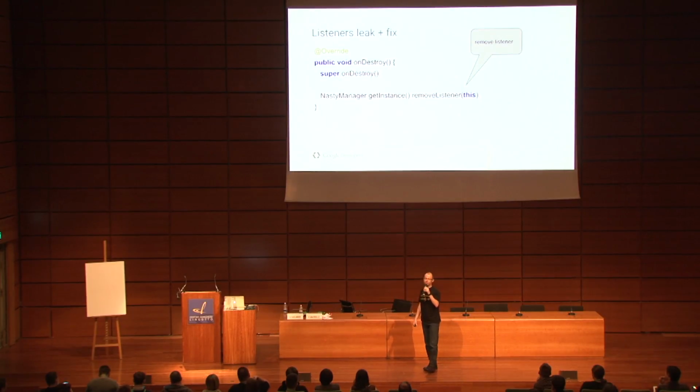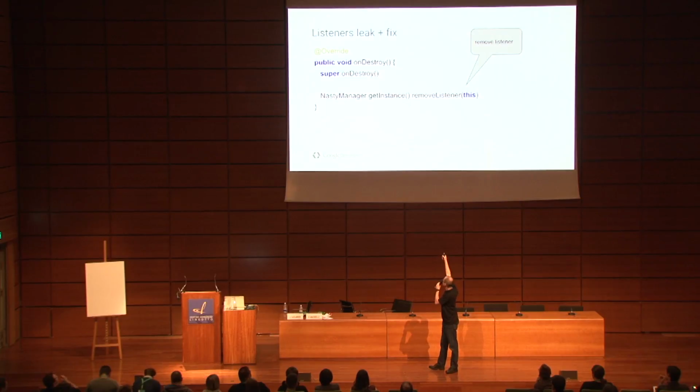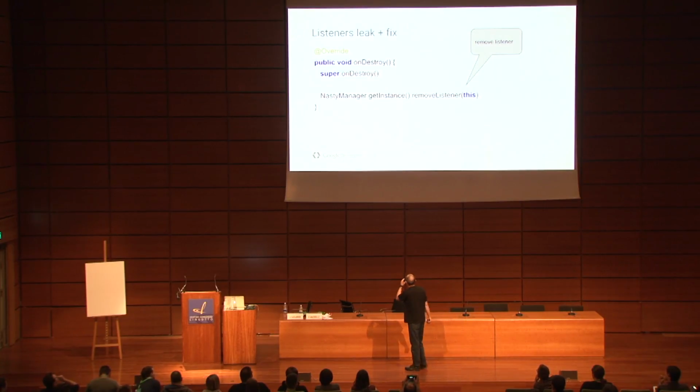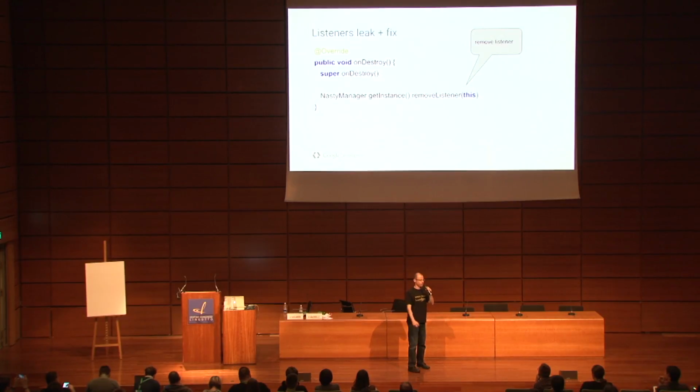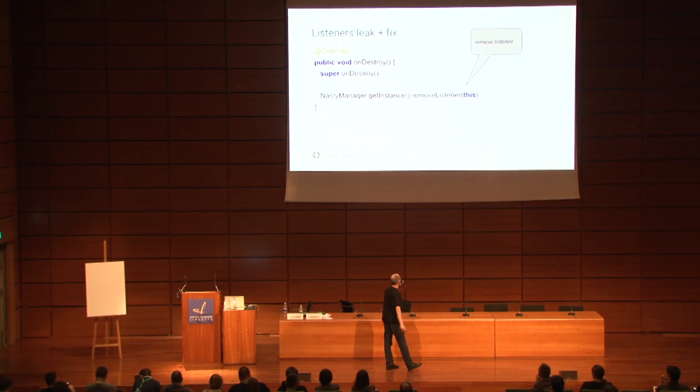You don't want to keep it in your memory when you don't need to. And by the way, the fix is almost trivial. In the onDestroy method, just go again to that lovely NestyManager.getInstance and remove ourselves. Easy, but it can save you a lot of time while debugging obscure memory issues.